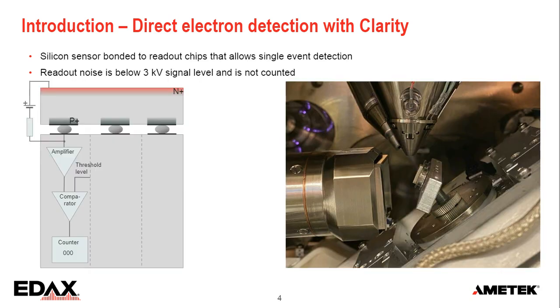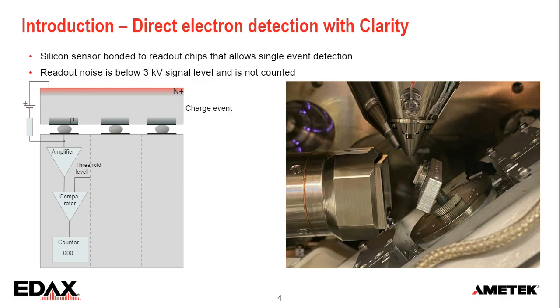Now, this is an in-chamber view of what it looks like. On the left, you have the tube for the EBSD detector with the sensor on the front. All the electronics are inside the tube, and there you have the sample sitting at 70-degree tilt. When you hit the sample with the electron beam, diffraction happens, hopefully, and then these electrons hit the top sensor, and there is a bias voltage over that sensor.